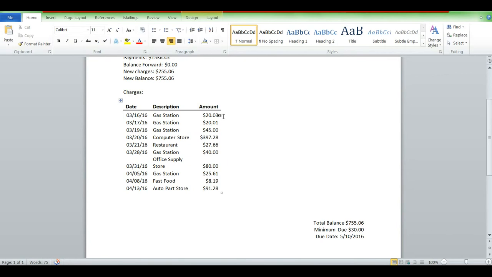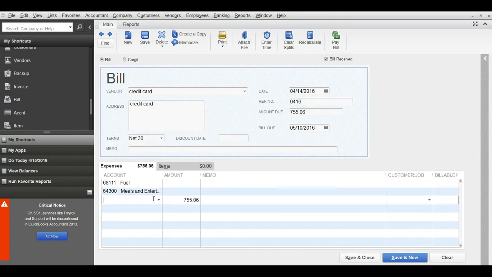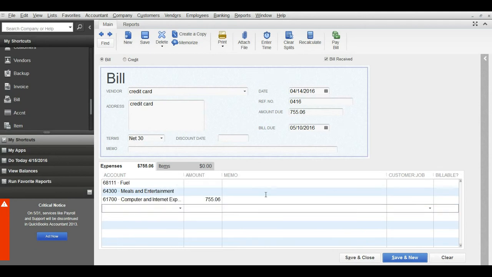What I would do, which is a little tough for me to demonstrate on this video, is I would take a pen to the credit card statement and I would write the expense account right next to it. Now if you don't know them yet, you can type it in. There's fuel, meals and entertainment, computer and internet expense, and I'm doing this because I'm the one who made it.